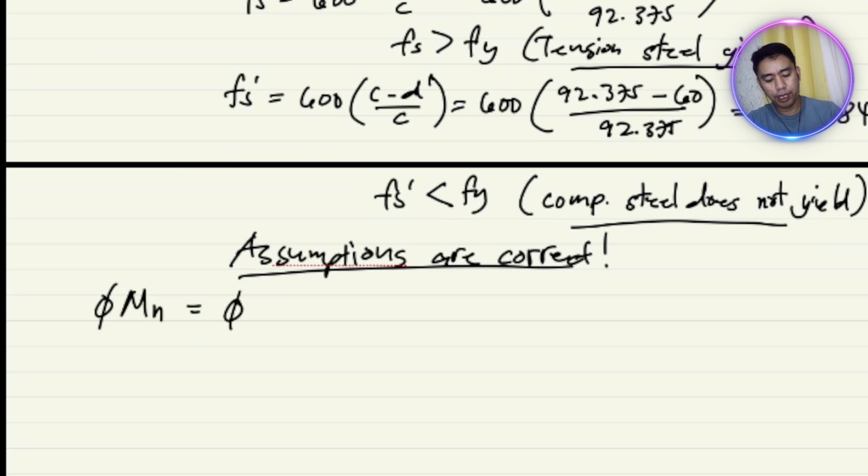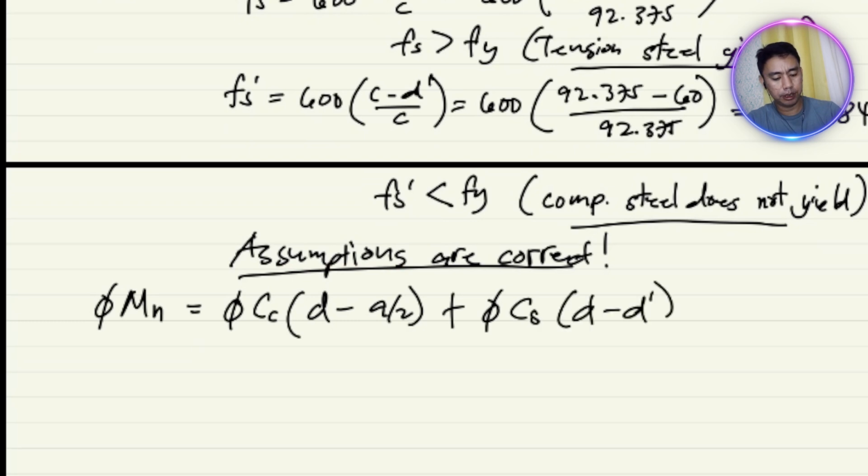Ano yan? Phi of Cc times D minus A over 2 plus phi of Cs times D minus D prime. This is equal to 0.85.